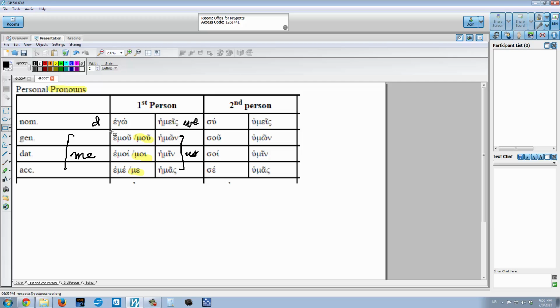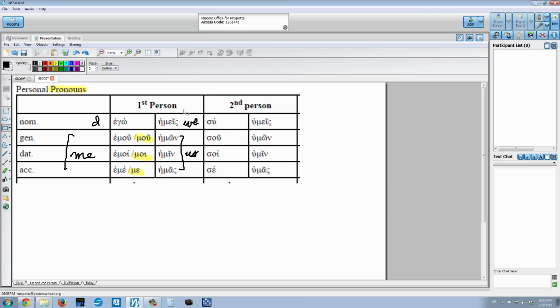There's one with an epsilon at the beginning and an accent on it, emou, emoi, eme, and then there's the other one that's just mou, moi, me. The one with the epsilon, the longer form, is more emphatic. So it's as if you're jumping up and down while you're saying it, rather than just saying it.